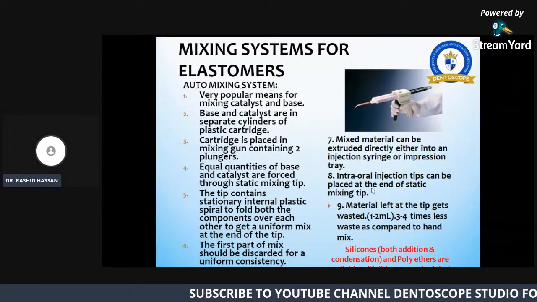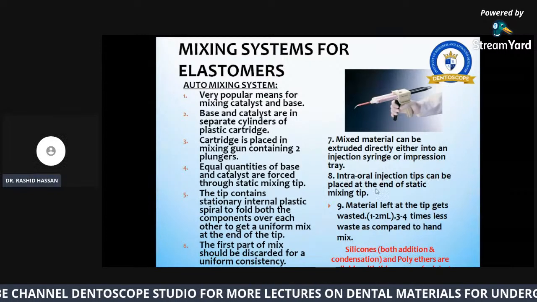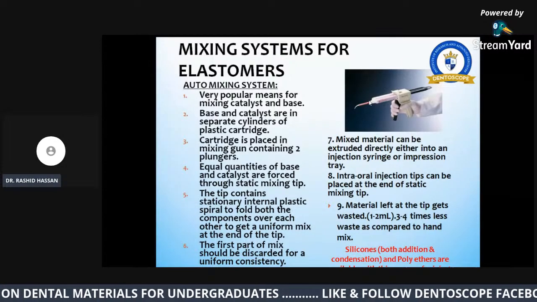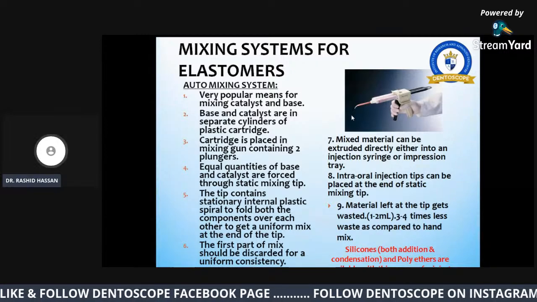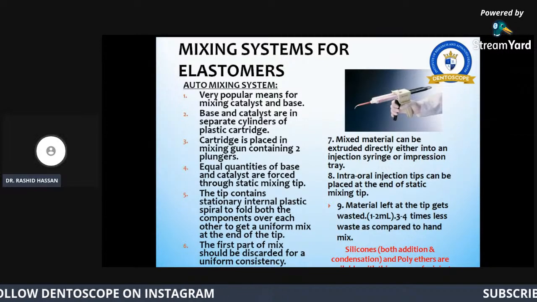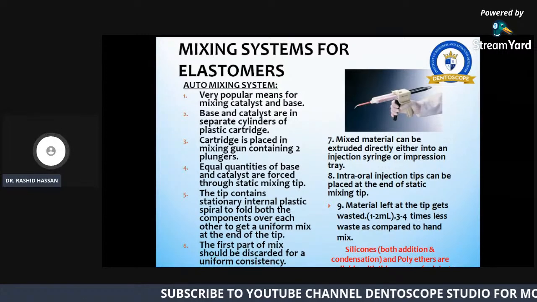There is also a chance, if you look at point 8, intraoral injection tips can also be placed at the end of the static mixing tip. You can place a very thin intraoral injection tip here as well, because suppose you want to record an impression of a cavity, you want to make an inlay.